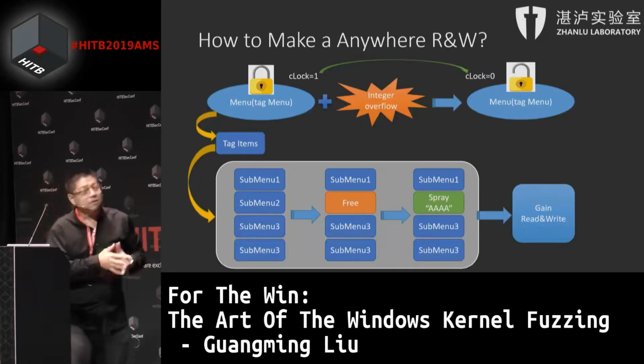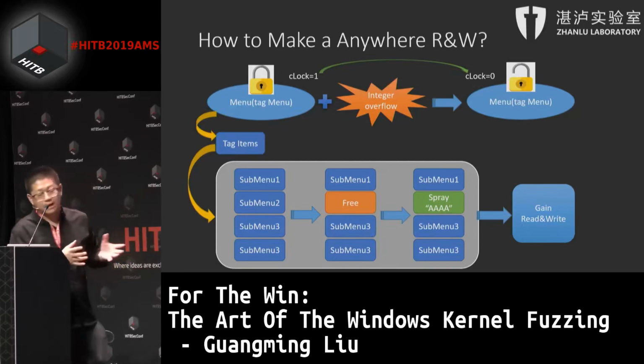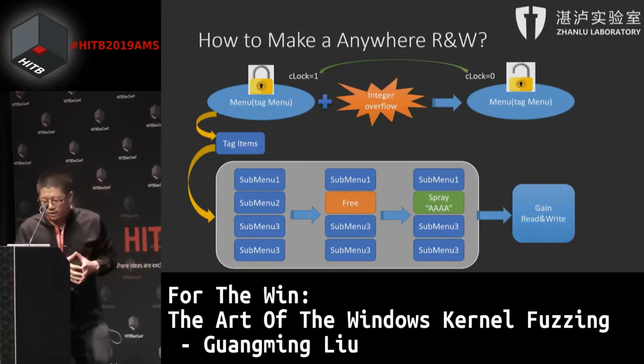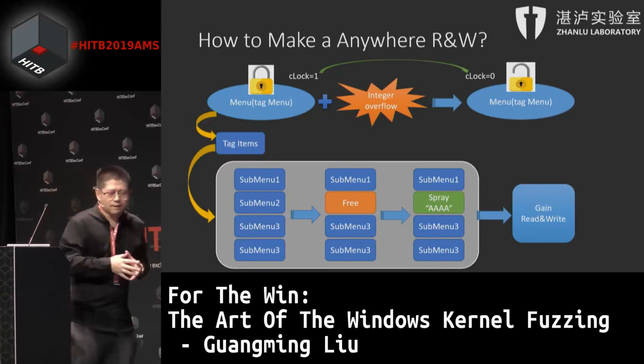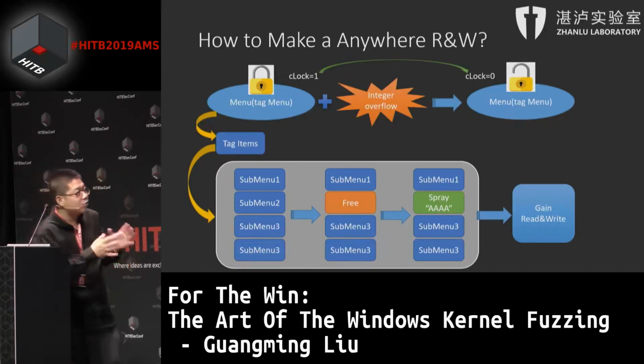And now you can free a menu. So you can use a free bug again. So you can spray the data at the heap and gain arbitrary read and write.